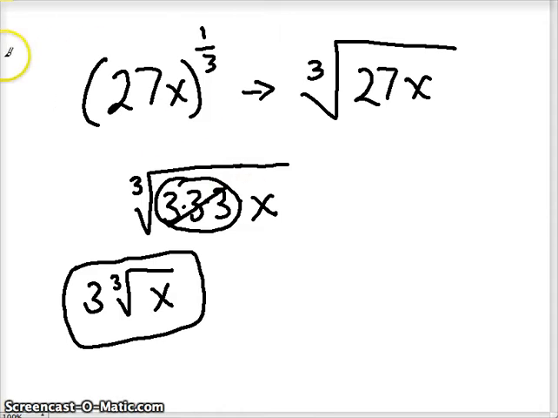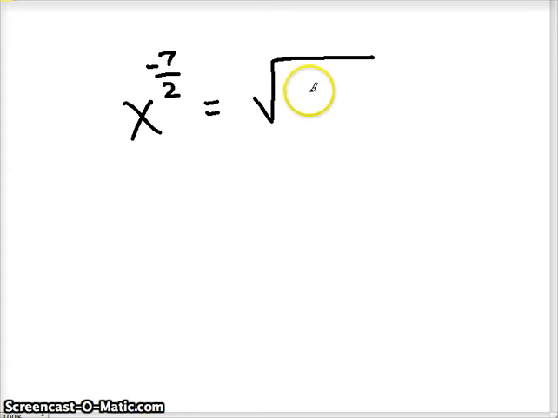Let's try another one here. Let's try a negative exponent. What happens here? This would be the square root, right, of x to the -7th.